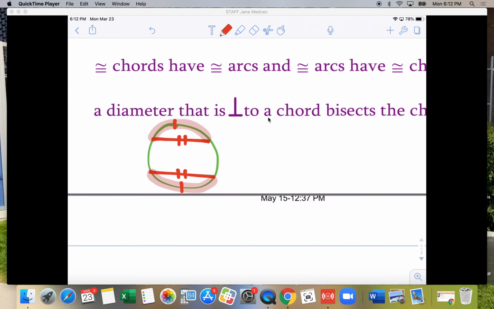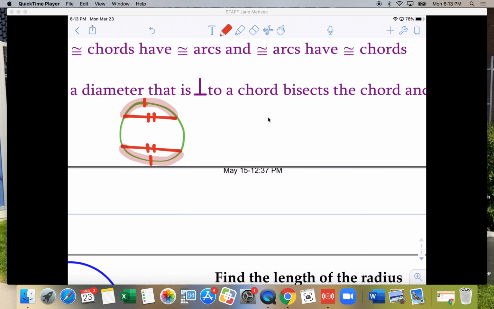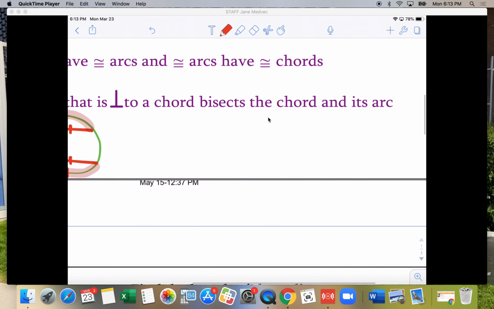The second thing to note is that a diameter that is perpendicular to a chord bisects the chord and its arc. And you go, well, what does that mean? This is what it means.